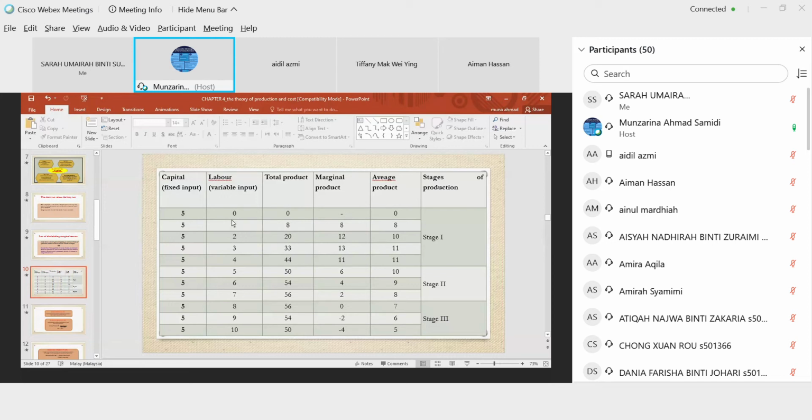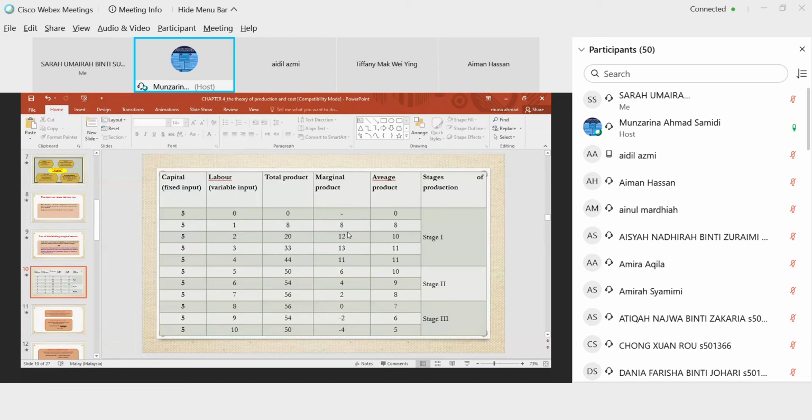So the first labor is quite productive. The first labor gives you 8 units of output, so the marginal product is 8 units. And then you employ the second labor. 2 labor will give you a total of 20.